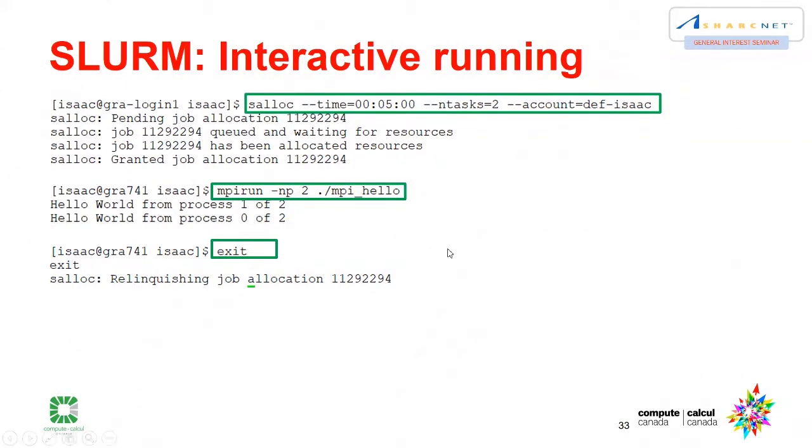This interactive mode or interactive session is quite useful for code developers or data exploration jobs. Once your job is done, all you need to do is simply exit, or you can just leave it, but it's not a good idea because it will use your time. So please exit, and then the Compute Canada system will think of this whole session as an allocation. So you have a job allocation like this, which means this allocation is an interactive session. This is very useful.